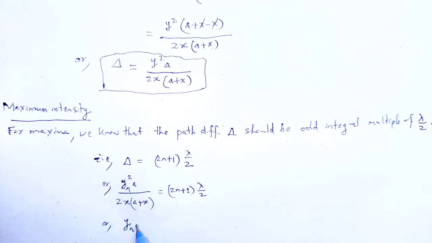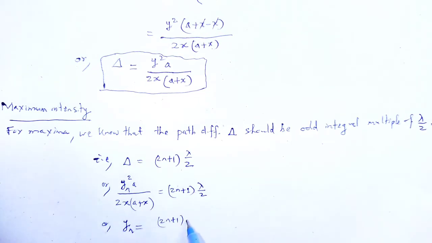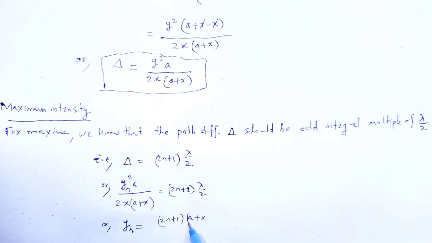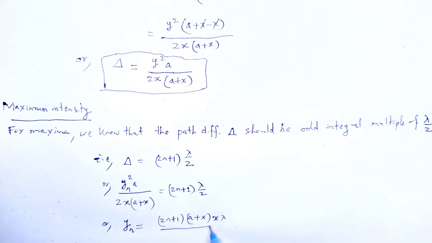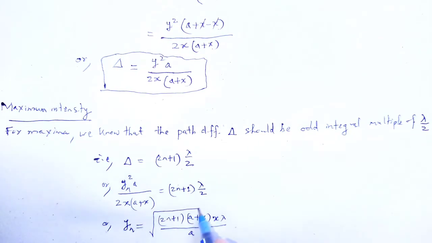Or yn is equal to under root of (2n plus 1)(a plus x) x lambda divided by a.